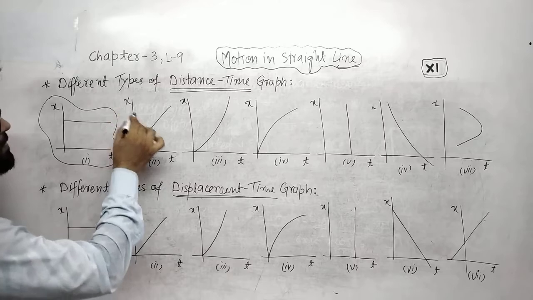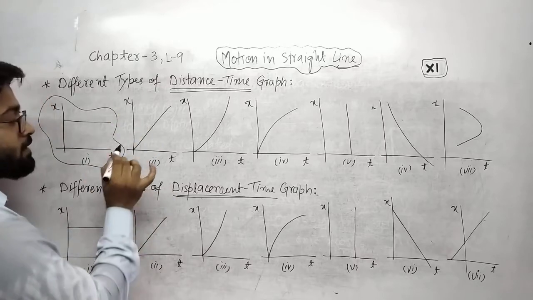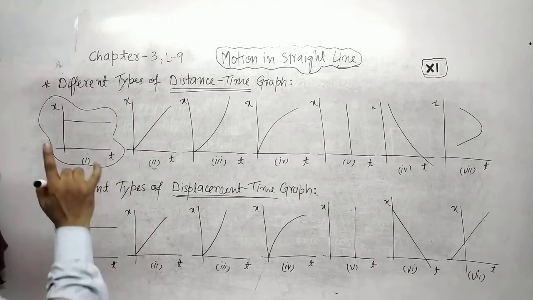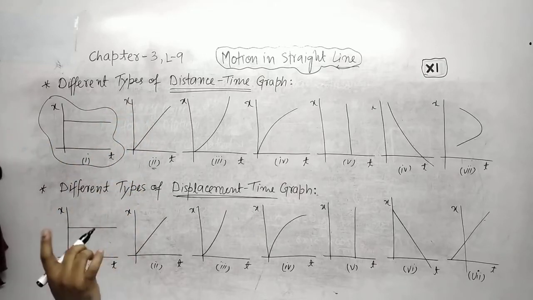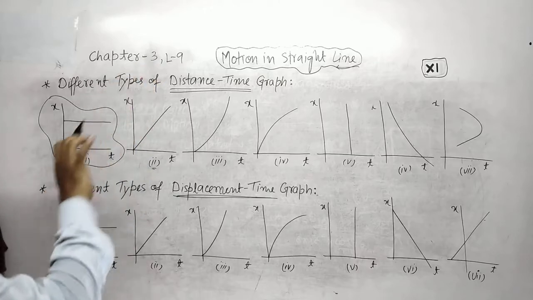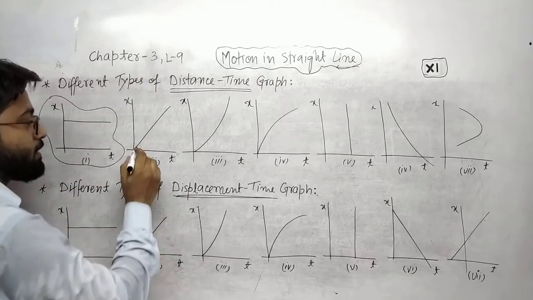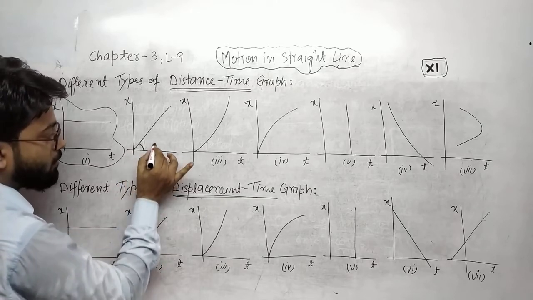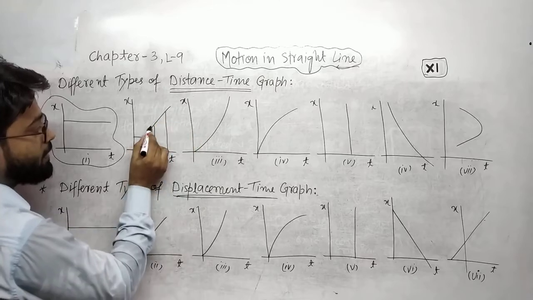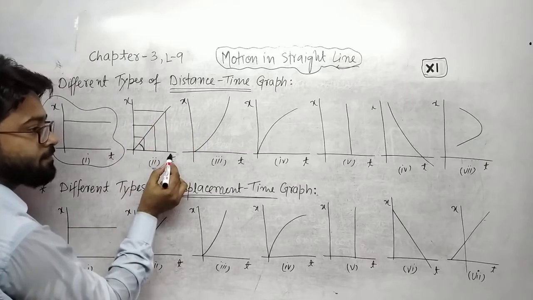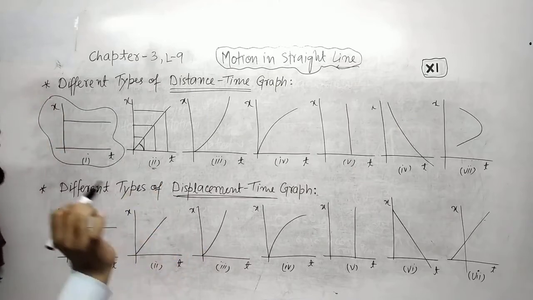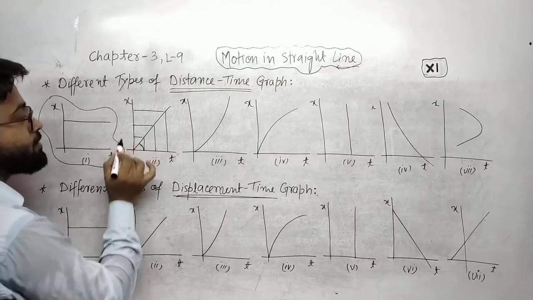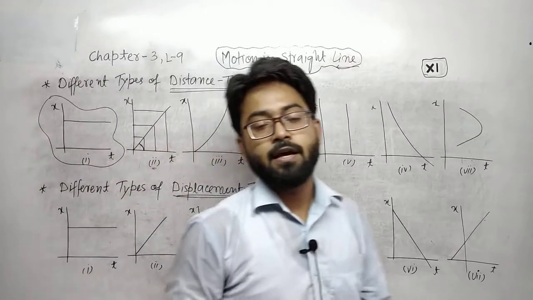Now the second graph shows a straight line, and that graph is between distance and time. The line is straight, that means the velocity is constant, means for every equal time interval, the change in the distance is equal.